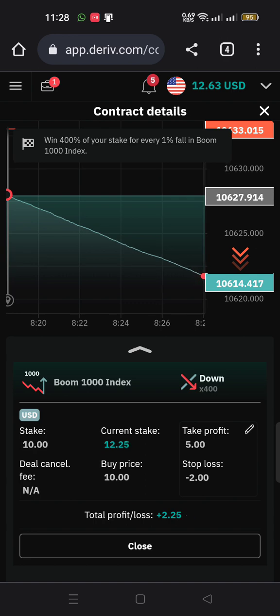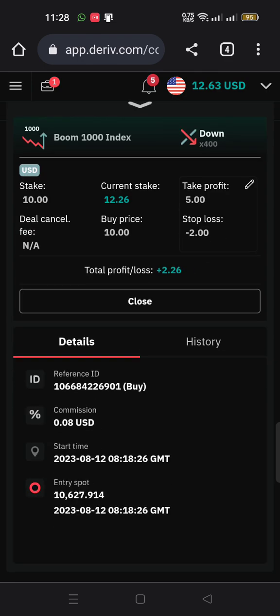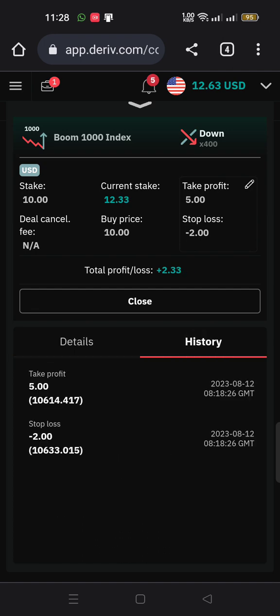So I'll give this enough time to run because I want it to get to the goal, commission of 0.08. So far we are there, but it's fine. If you look at our history, these are two trades that we've done a few minutes ago.